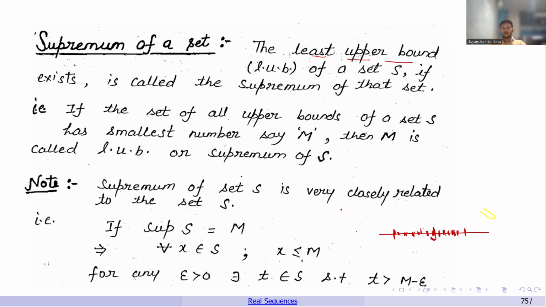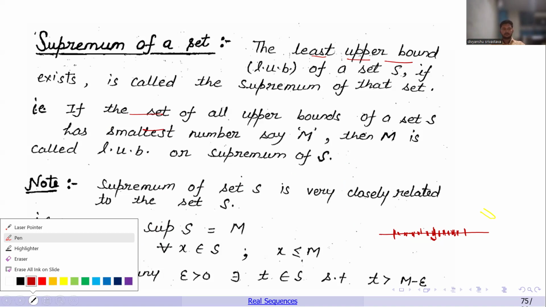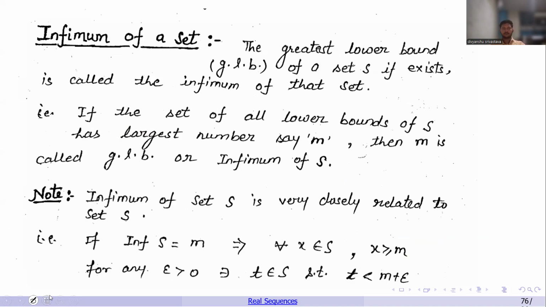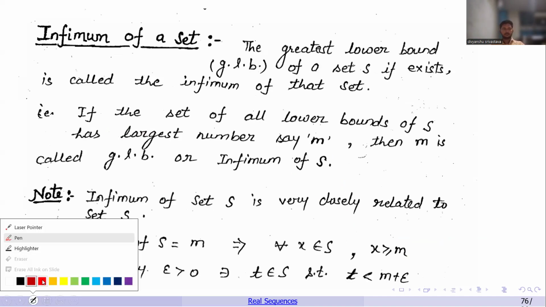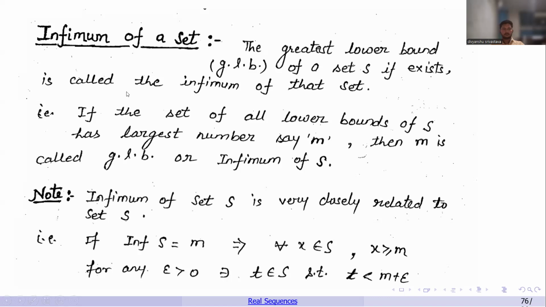And the infimum of that set is the set of all lower bounds of S, and the largest number, say m, is called the GLB.